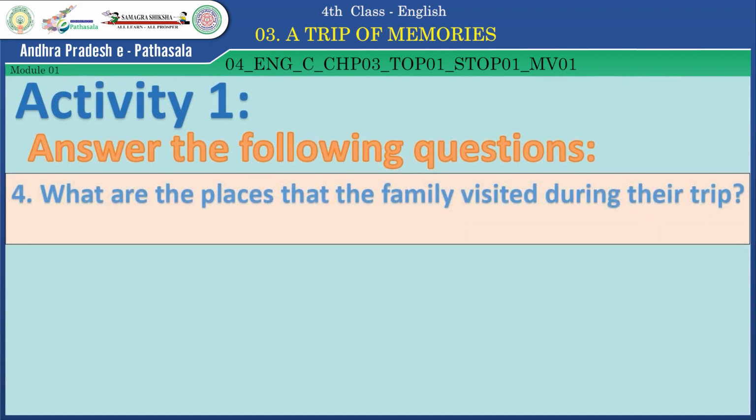Fourth question is, what are the places that the family visited during their trip? Recall the story and try to answer the question. Great effort! Let's check out the answer.